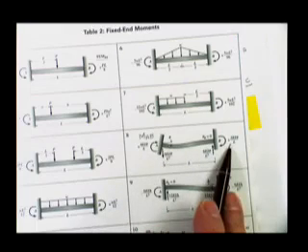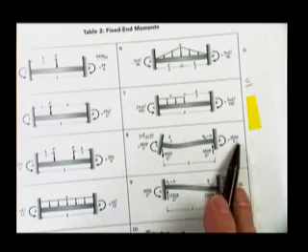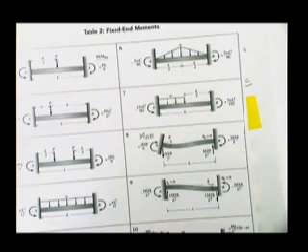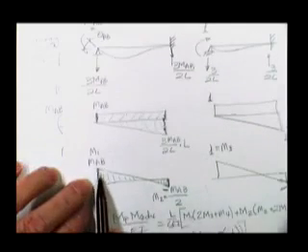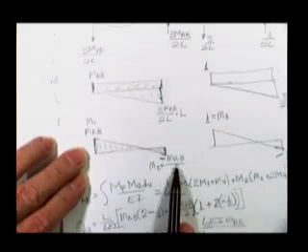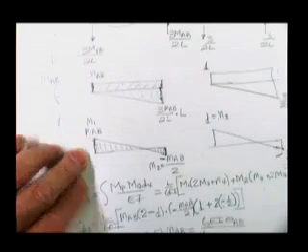What's generated on the other end is half: it's 2EI theta over L. I guess we didn't have to cheat to do that. We knew it from this, didn't we? If you put M sub AB on this end, you get half on the other end. So that really came out of the other work we did. Didn't need the book.